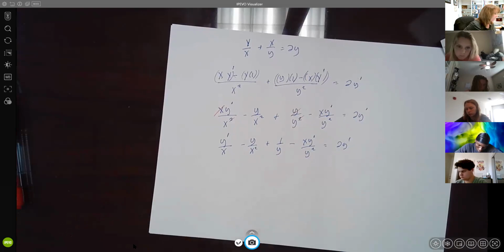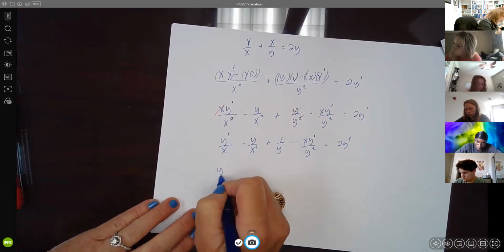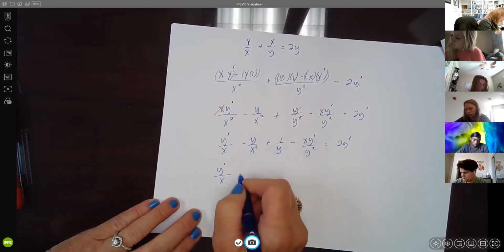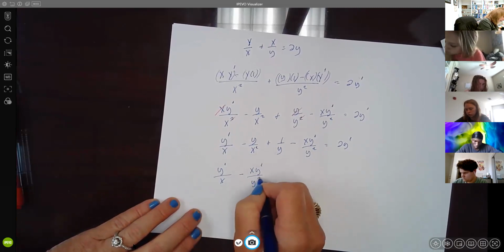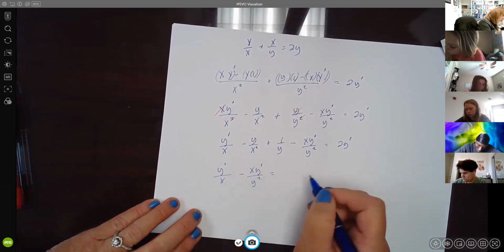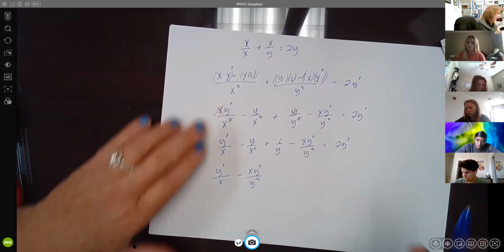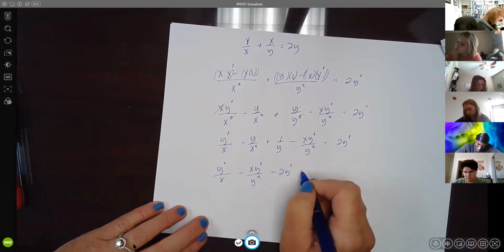At this point, get your primes on one side and everything else on the other side. So I'm going to leave this guy here, y prime over x, and this guy here, minus xy prime over y squared. I've got to move that guy over, that's a y prime, minus 2y prime equals.